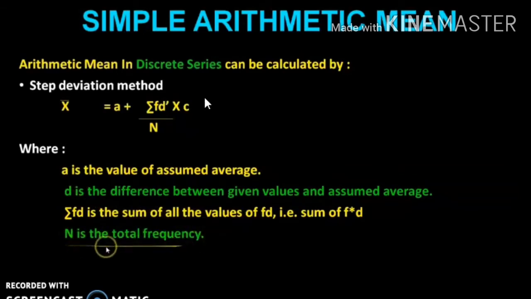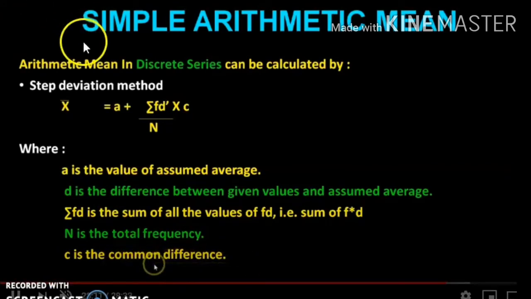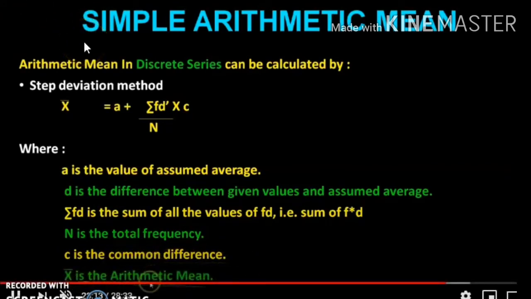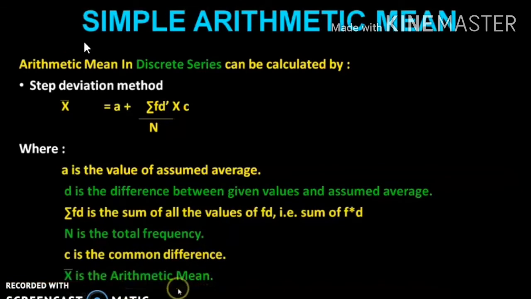Next, n is the total frequency. C is the common difference. So what is the difference between the first value and the second value? That is known as the C, the common difference. So in the discrete series, two columns are there, and x bar is the arithmetic mean.